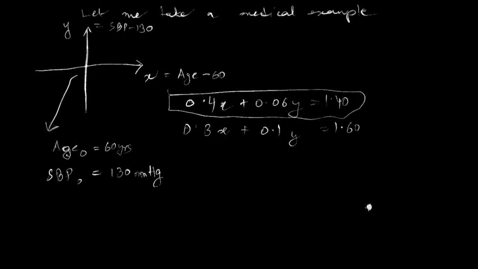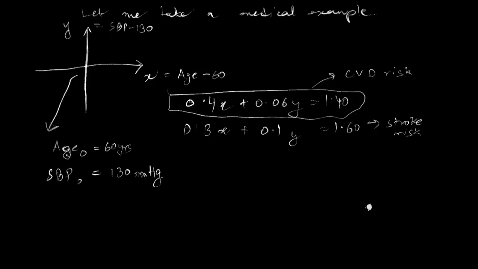That is the first. So this is about CVD risk. And the second equation is telling me how all age and SBP combinations increase the stroke risk. So this is about stroke risk. Right? Those are the two equations.